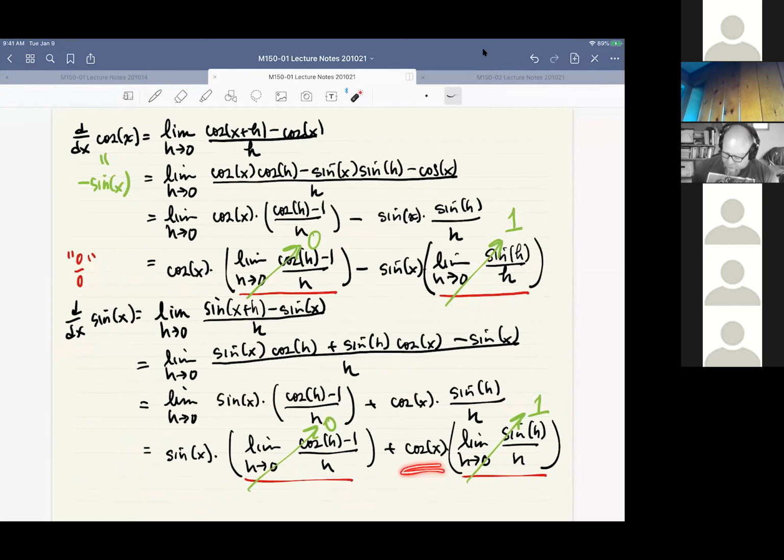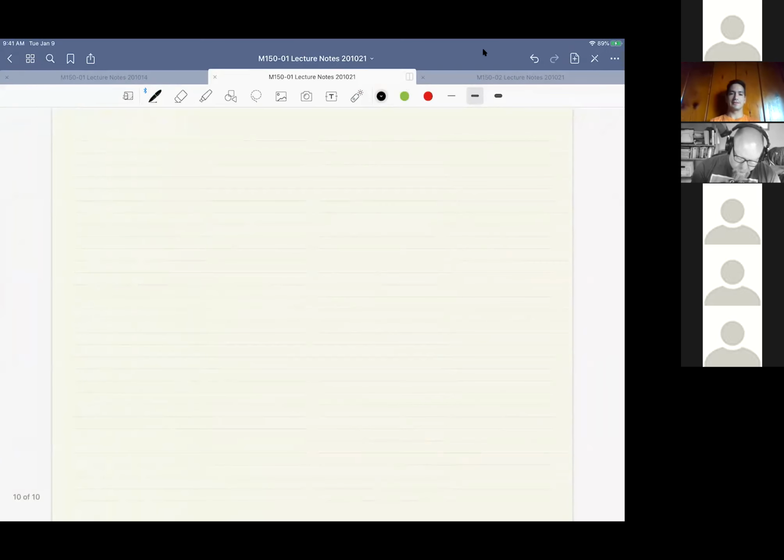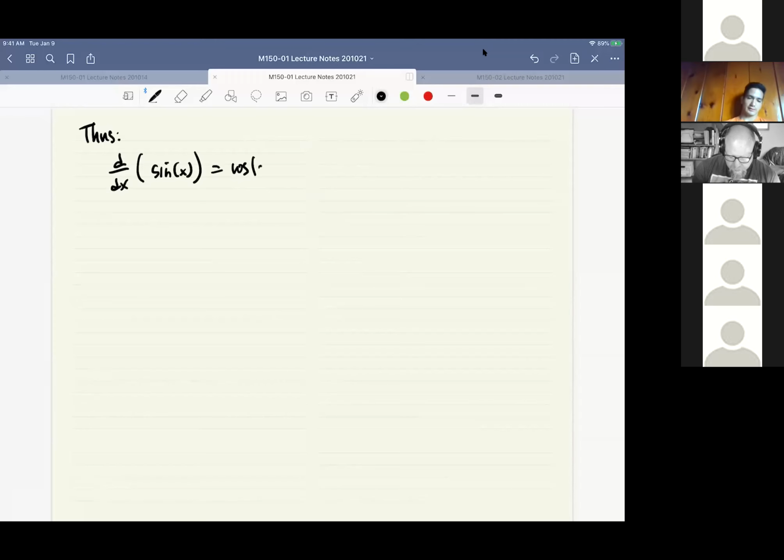I'm just left with this cosine. So the derivative of sine is cosine. So this is cool. I'm going to move forward and write this conclusion down. Thus, the derivative of sine is cosine, and the derivative of cosine is minus sine.